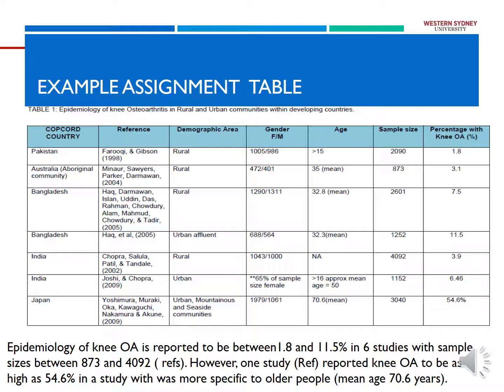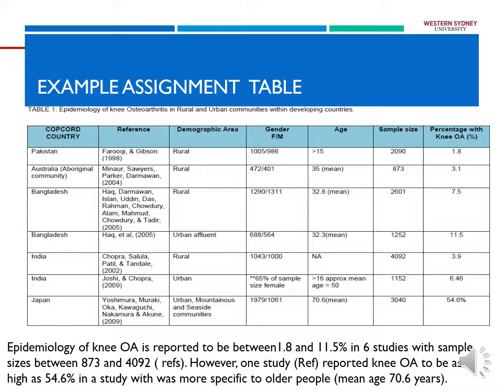You have sample sizes, if you look quickly down there, between 873 all the way through to 4,092. And again, you can see the percentage of knee osteoarthritis varies quite a lot. So if you exclude the Japanese study at the bottom at the moment, you can provide a nice summary of the information of those first 6 studies, talking about how the prevalence of knee osteoarthritis is between 1.8 and 11.5.